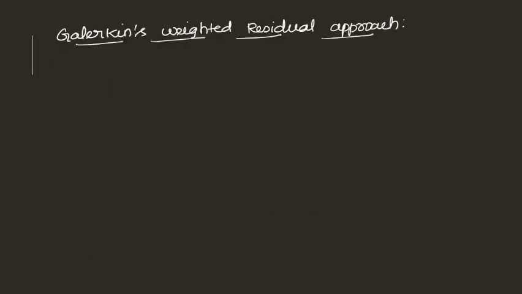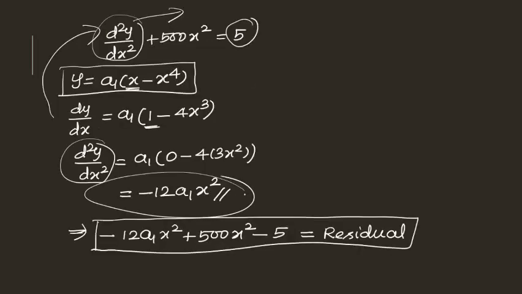Galerkin's weighted residual approach suggests a formula that integral 0 to L Wi r dx is equal to 0. Here 0 to L is the limit of the function, Wi is the weight function, r is the residual function. In the problem, the given range is 0 to 1. Weight function is nothing but the coefficient term of the constant value present in the trial function.